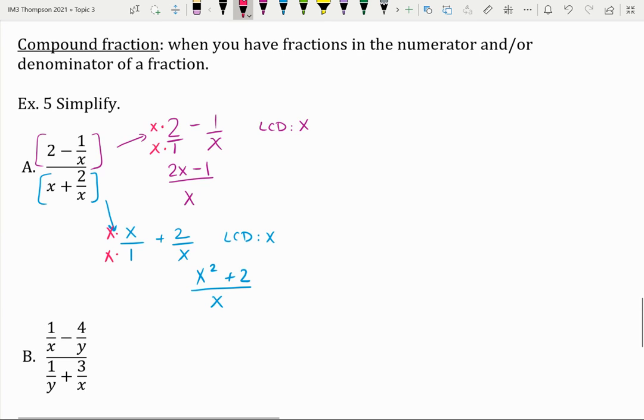So now I can rewrite this original fraction. So I have 2x minus 1 divided by x squared plus 2 over x.